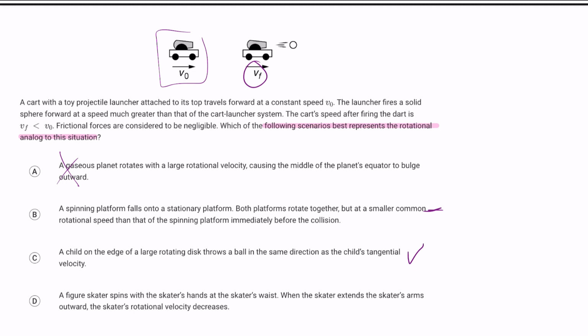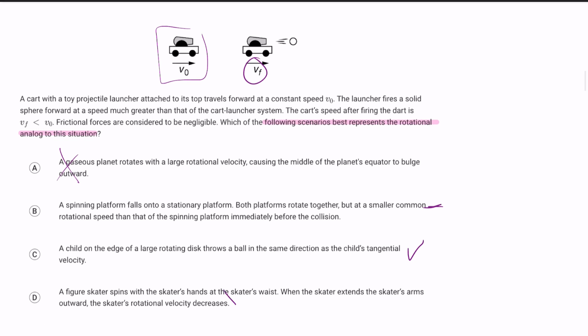It's more because of conservation of angular momentum. The skater is changing their moment of inertia, so their velocity has to change so that momentum can stay the same. So D is not actually it. It's kind of playing with a different physics principle.